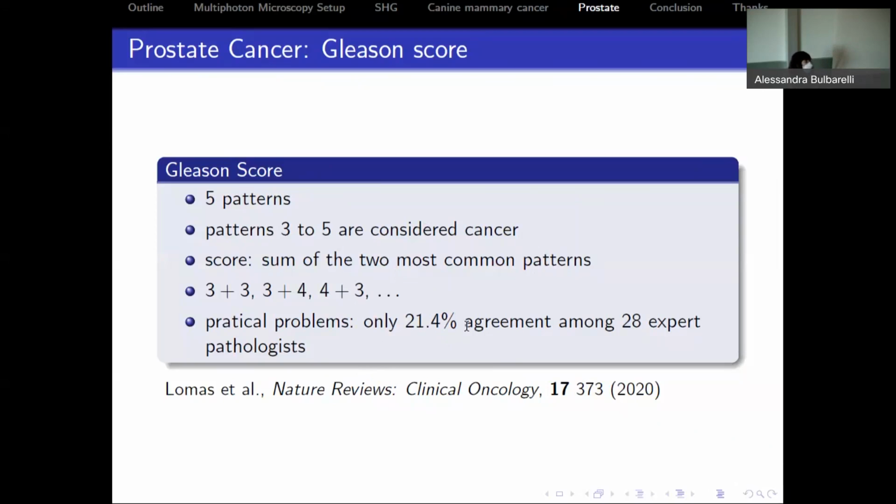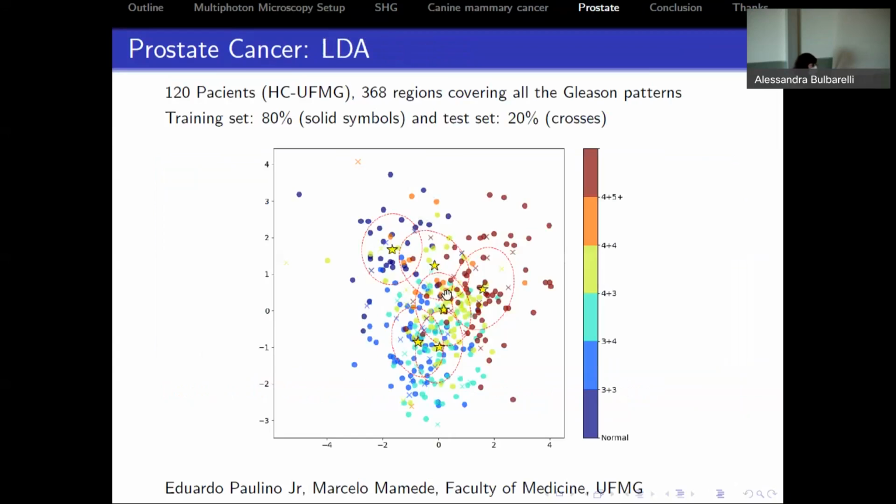Because of course there are also the immunohistochemics to help with that, the other biological marks on the tissue, but they are still fighting to see how to improve these diagnostics. And so we did the same procedure as before.